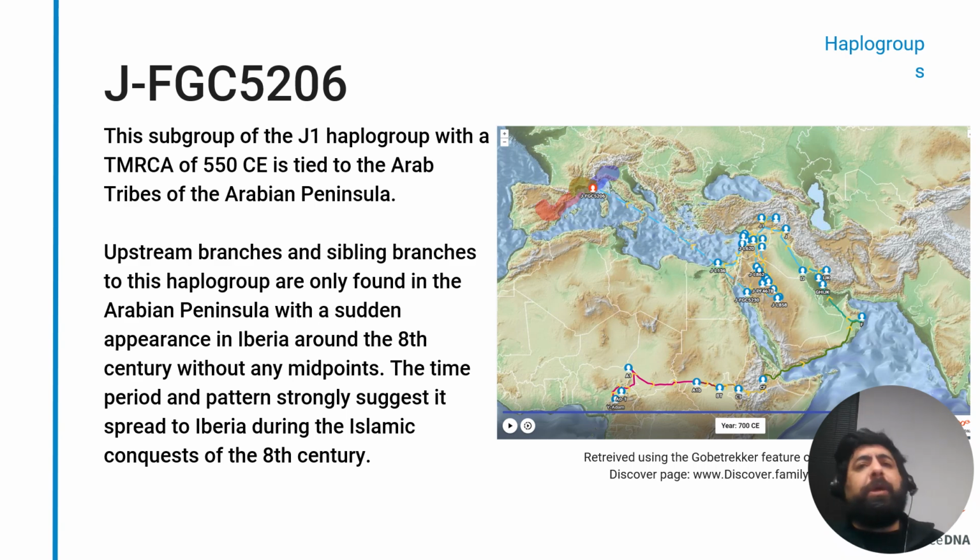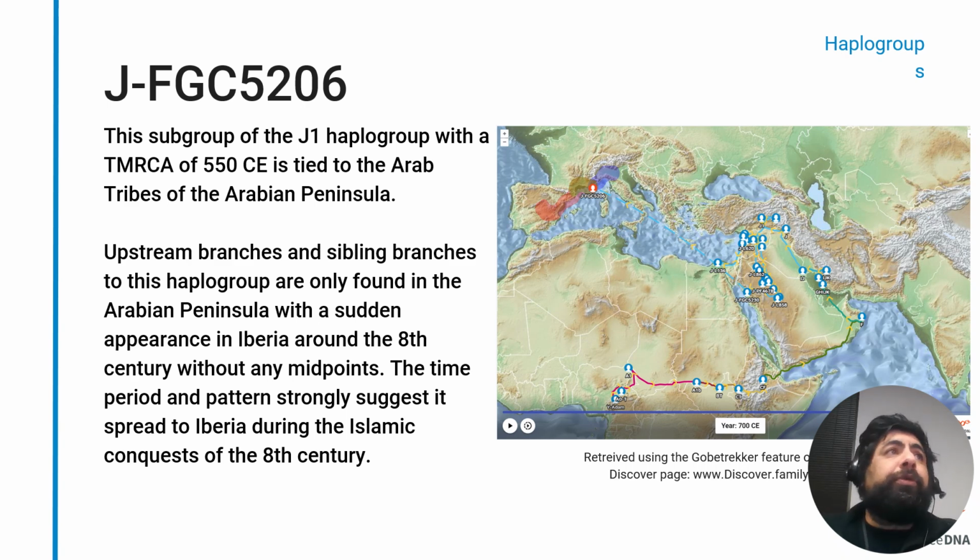This one I theorized, and it's actually somehow apparent from the migration path itself, that it likely migrated to the north of the Iberian Peninsula, and then to other places in southern Europe, northern Italy, probably Spain, during the 8th century Islamic conquest of southern Europe in Spain and Portugal. The way this was theorized is based on the sudden expansion and appearance over there.